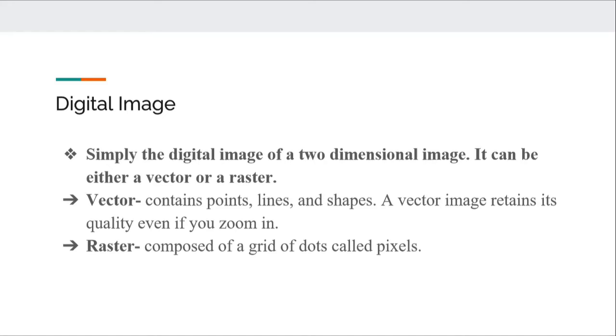Meanwhile, raster is composed of a grid of dots called pixels. Of course, when we say pixels, those are the little dots that you see, and that's what makes it a picture.